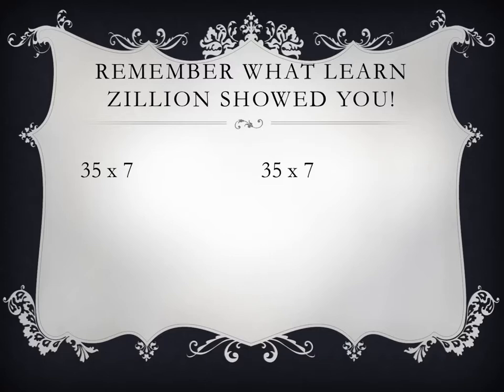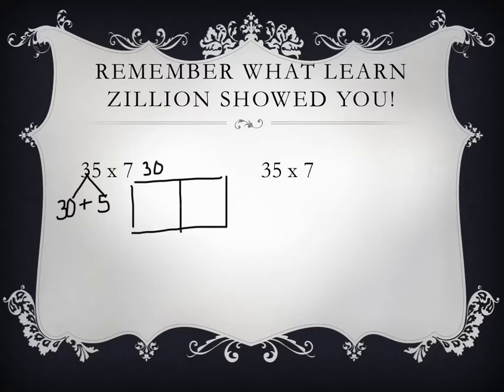In Learn Zillion, for expanded form, which is also called using the distributive property, you were shown how to break up 35 into 30 plus 5. In using expanded form, you can then draw the model to show 30 and 5.